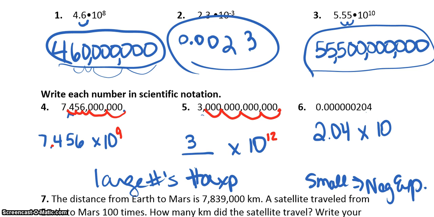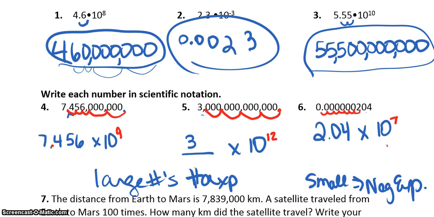Again, we go back up to the top, look at our problem. Here's the decimal point right now, and we needed to end up at 2.04. So we count how many places over to put that decimal point in. How many places do we move it? 1, 2, 3, 4, 5, 6, 7.